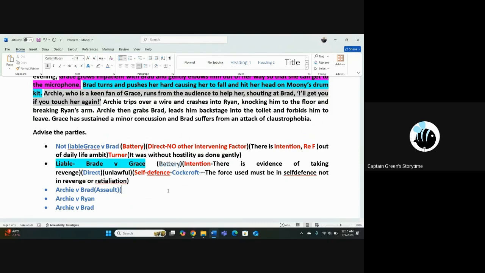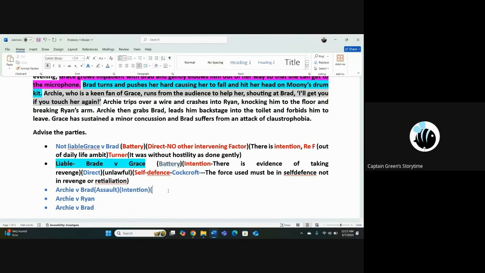Define assault. What is intention? Define intention. Then, I already stated that there is an important element of immediate nature. Whether there is evidence that Aki would now get her, and she would get Brad. Is there any immediate battery or not?